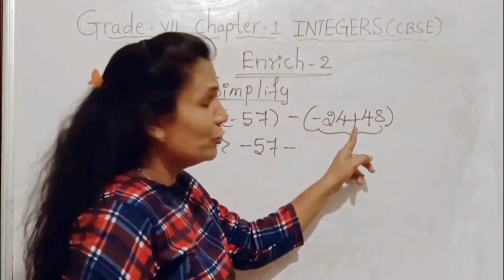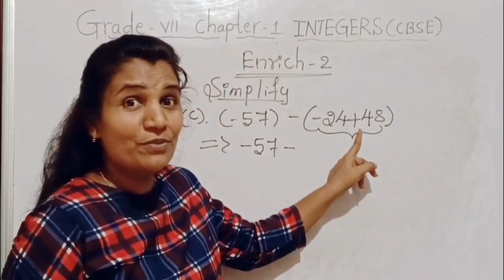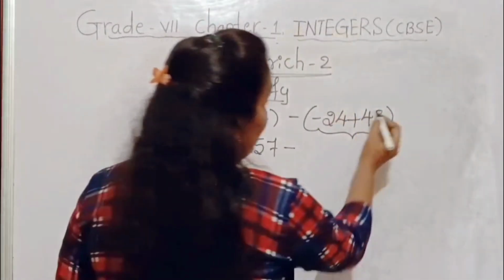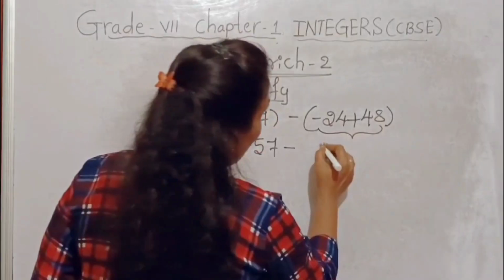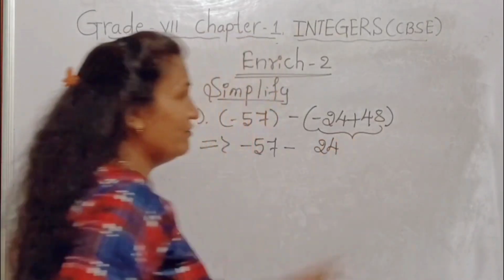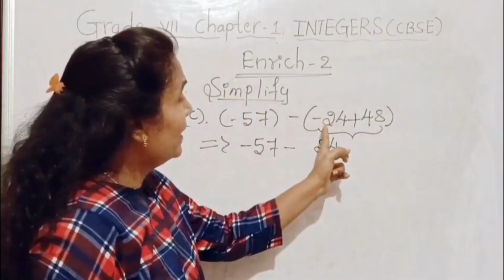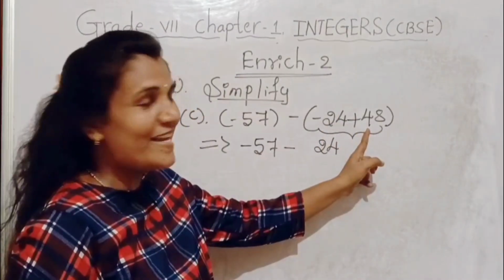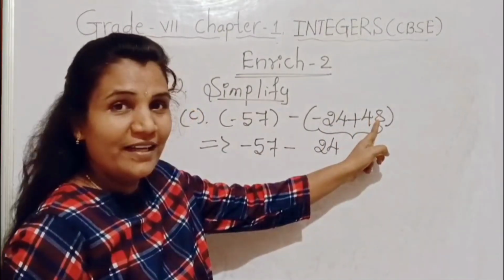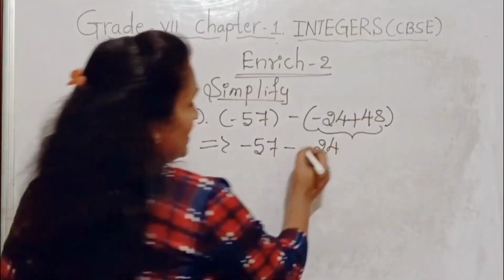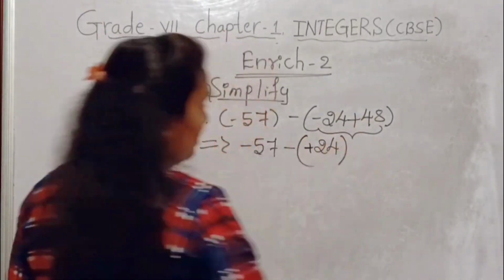Here minus into plus is minus, so the operation should be subtraction. First you subtract 48 minus 24, that is 24. Clear now? The bigger integer's sign: 48 is the bigger integer, which has a plus sign. Keep the bracket now.